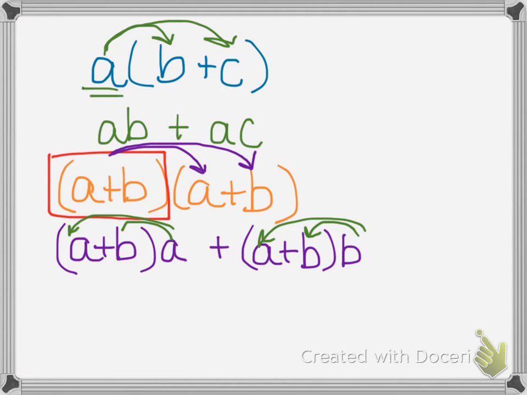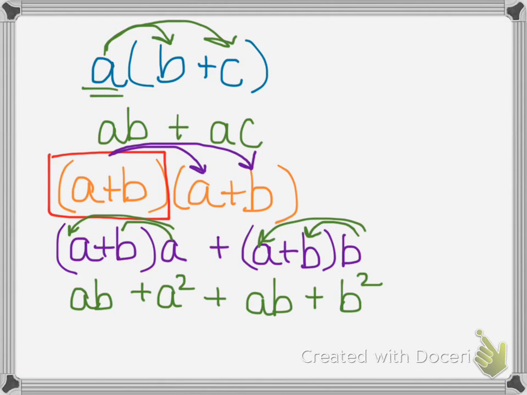And if you look at it, I'm going to have a times b plus a times a, which is a squared, plus a times b plus b squared, which looks very familiar now. So I've got my a squared, my b squared, and my 2ab. So this is a squared plus 2ab plus b squared.